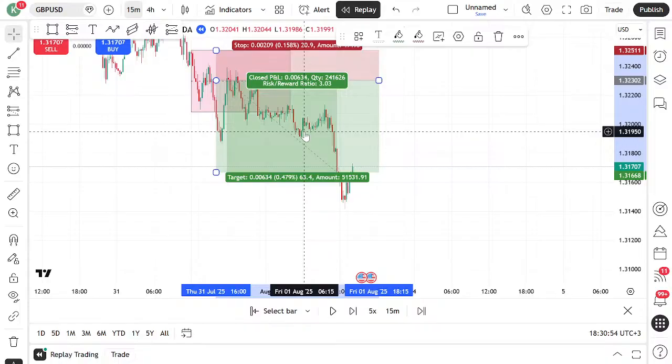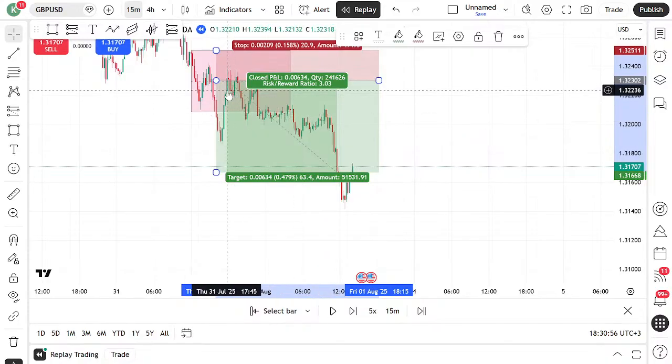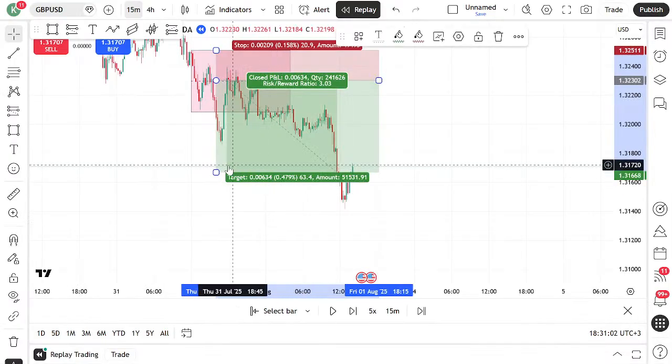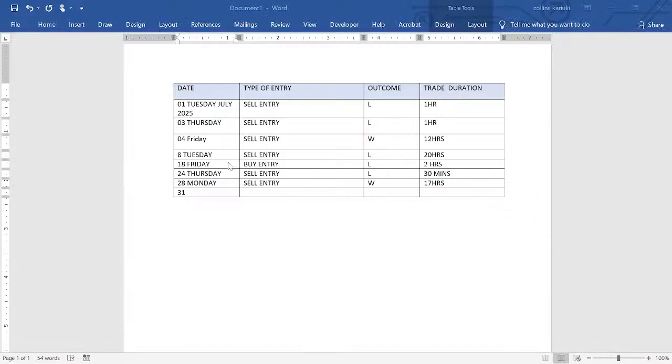So let's log this. The trade was entered on Thursday, the 31st of July, which was the last day of the month. On a Thursday, we had a sell entry, which resulted in a win.